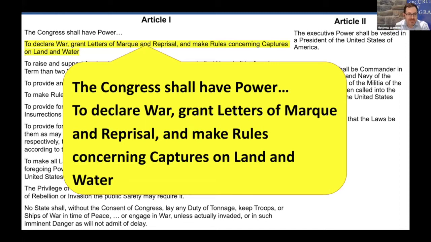Why? Well, many founders, including James Madison, probably the lead drafter or lead architect of the Constitution, believed that lodging power to initiate war in Congress would help constrain impulses toward it, especially impulses by presidents who might be inclined to seek glory and enlarged power as wartime commanders-in-chief.